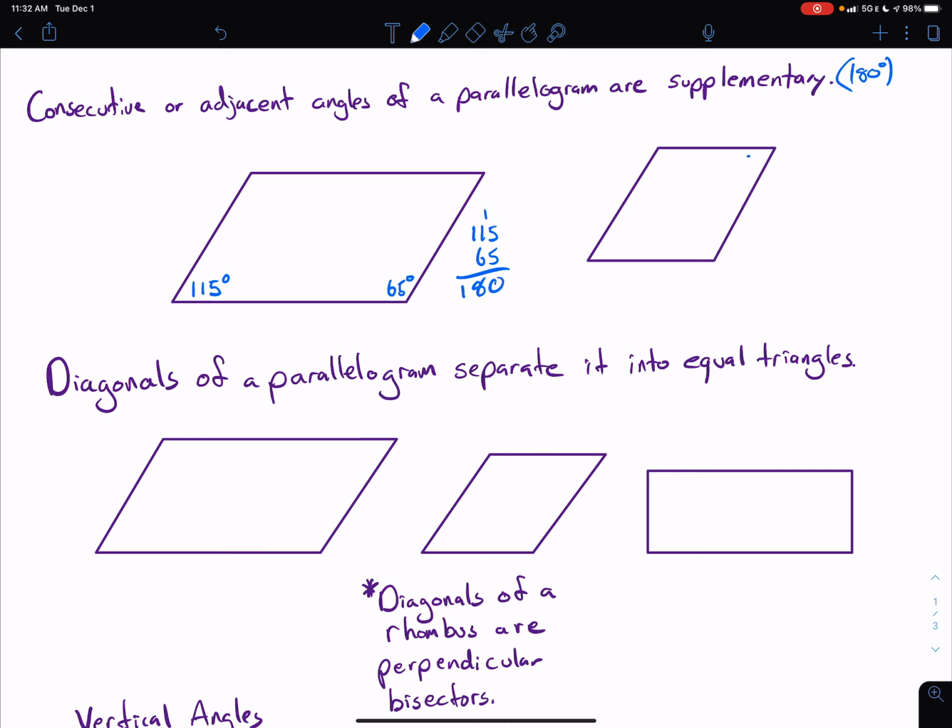Similarly, if you have a 60-degree angle here, this is a 120-degree angle there. So we can know what is happening really quickly. And in a rectangle or a square, since they're all 90 degrees, any two of them next to each other is 180 degrees.